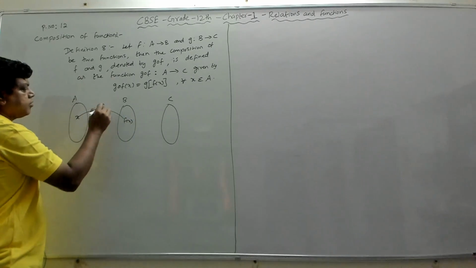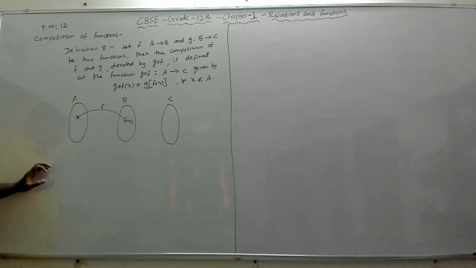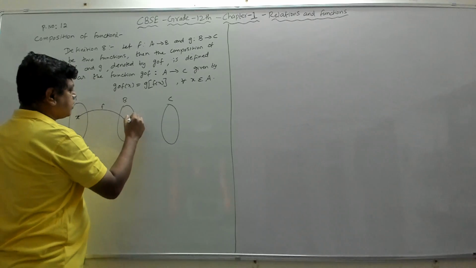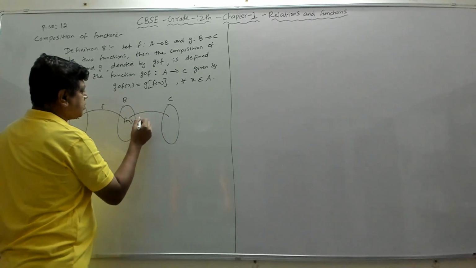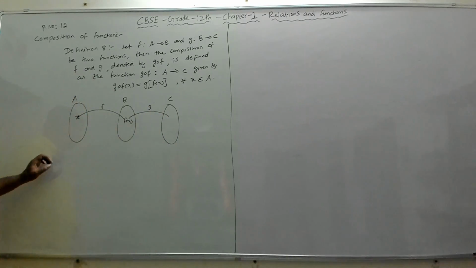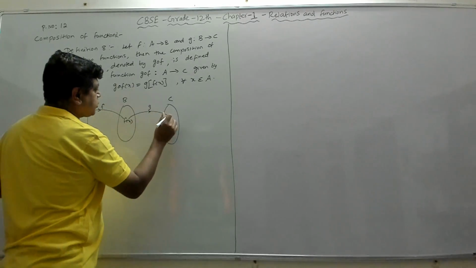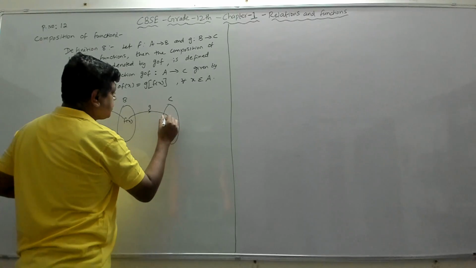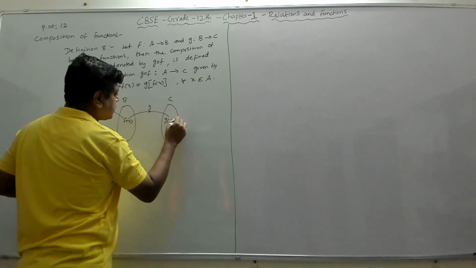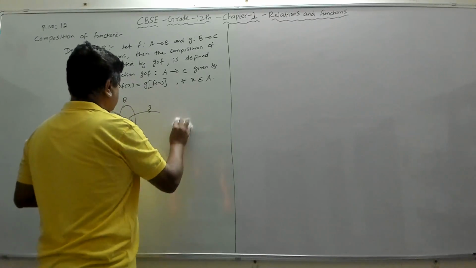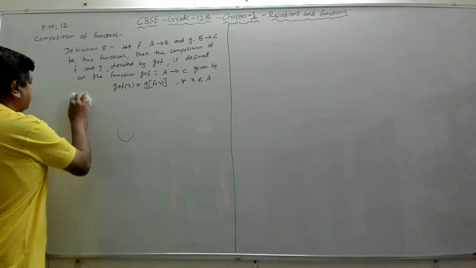This is your function f, which maps your element x in the set A to f of x. Again, the function g maps f of x to another element, which is g of f of x. We'll draw this a little bigger.